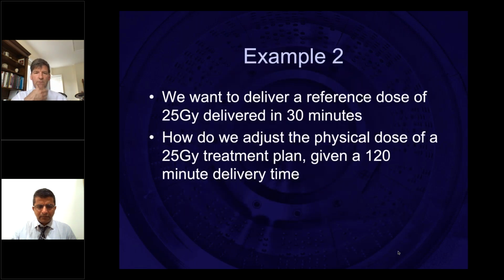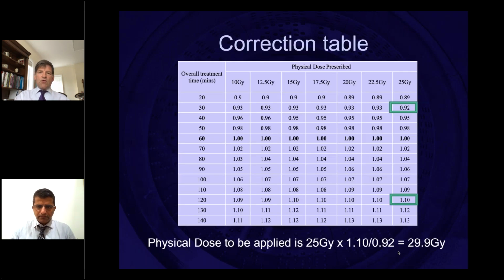A second example, we want to deliver a reference dose of 25 gray delivered in 30 minutes. So how do we adjust the physical dose of 25 gray that's delivered in 120 minutes? Well, here we use 2 cells from that table.